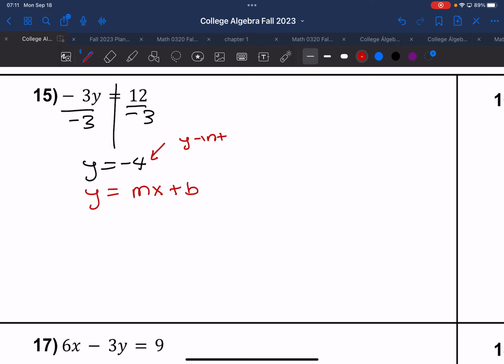Remember, our slope is the number in front of x. If we don't see x, that means we don't have a slope. So we say that our slope is what? It could exist, we just don't have it. 0. So we could technically write this as y is equal to 0x minus 4. That tells us that our slope is 0 and our y-intercept is 0, -4.